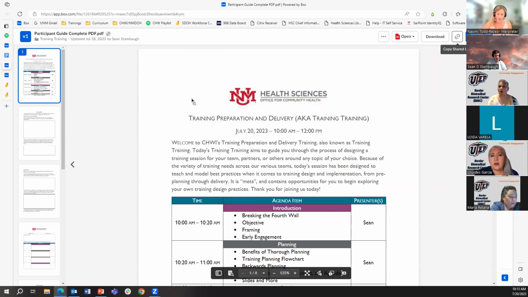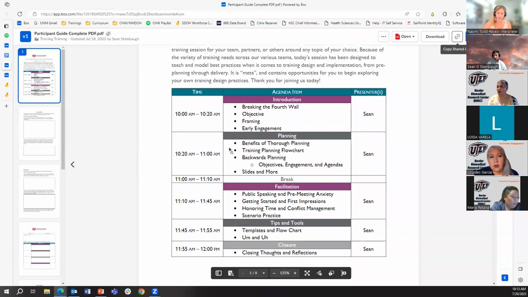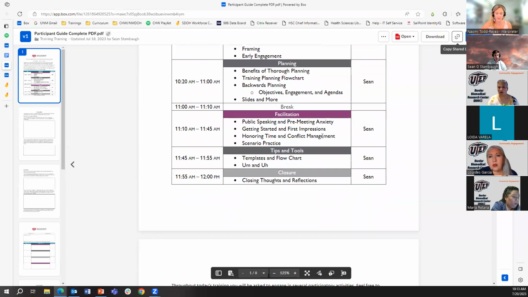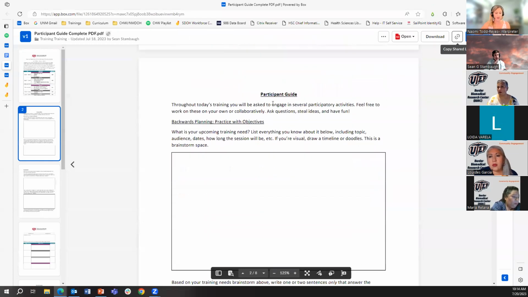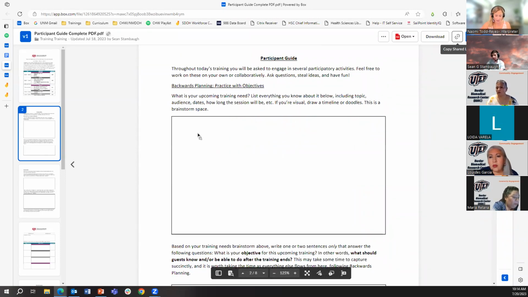So I do want to spend just a moment on this participant guide so you know what you're looking at. The first page is just the agenda for today's session. So it just shows you what we will cover today. And then if you scroll down, beginning on the second page is the English version of your participant guide. You don't have to do anything on this right now.